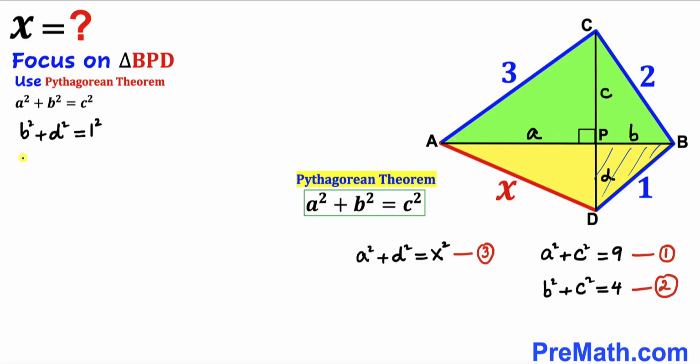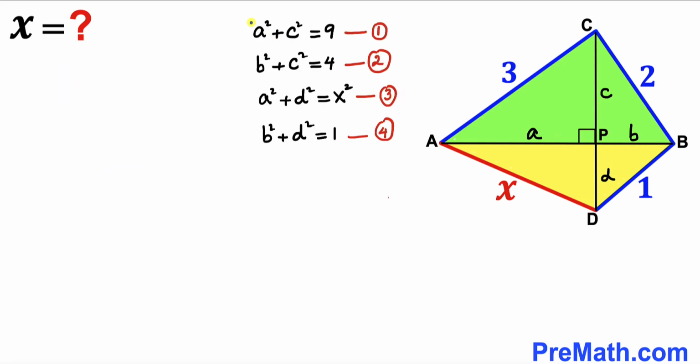Let's simplify. So we get b square plus d square equals 1 on the right hand side. Now I'm going to label this as our equation number 4. Thus we end up with this system of 4 equations, 1, 2, 3 and 4. And now we are going to solve for x.